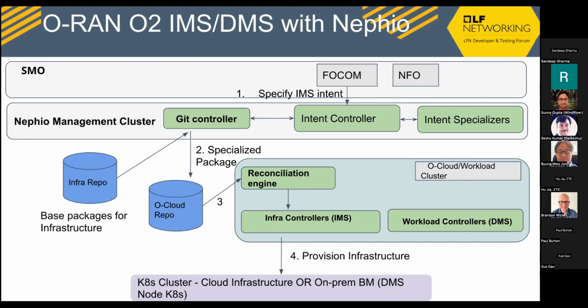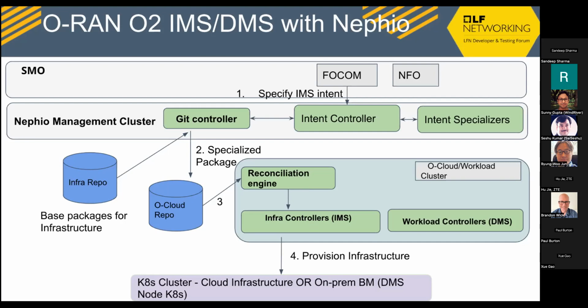Now, I took EKS as an example here, but with the IMS, which is trying to standardize this Kubernetes interface, this KPT package can contain that CRD as the base.